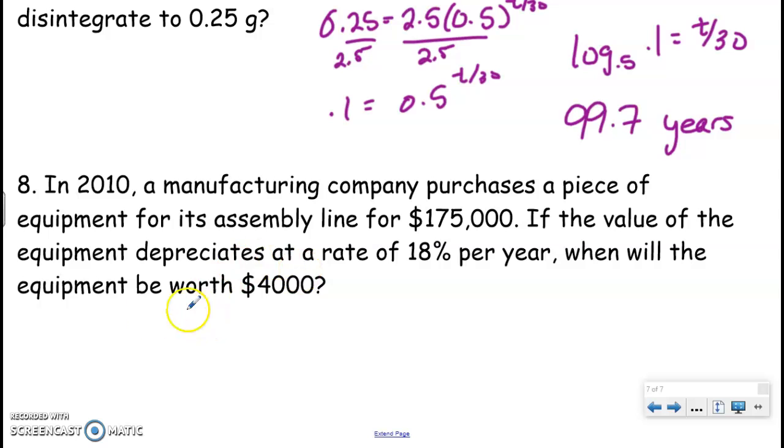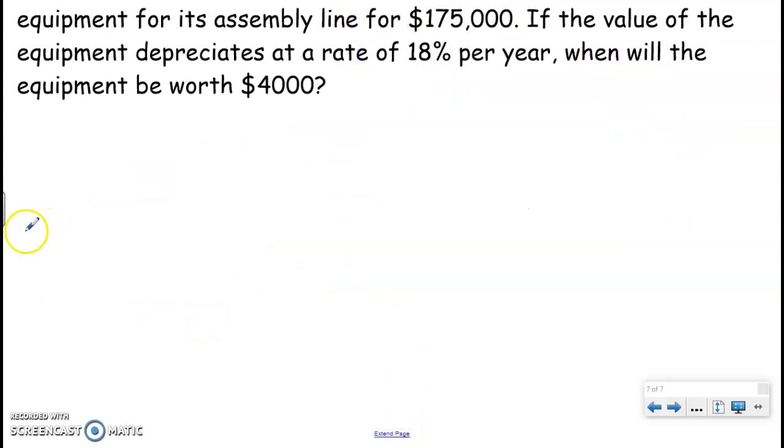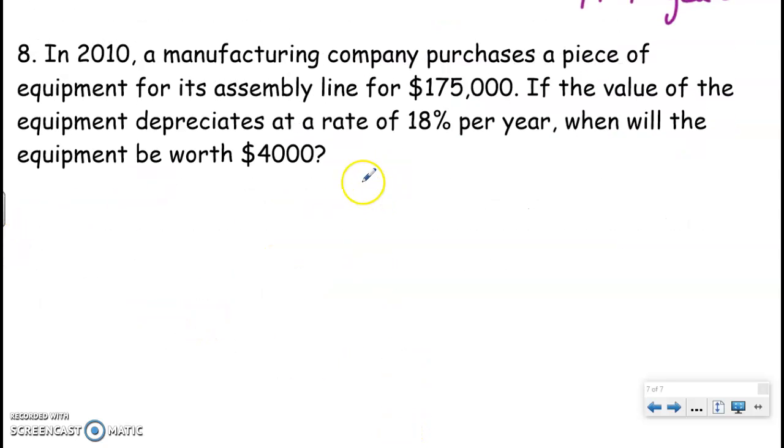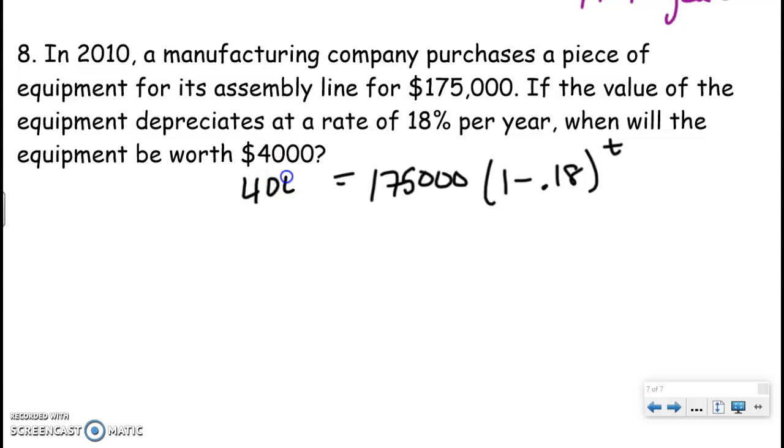Okay, last one, same idea. This time we are going to purchase equipment. It is depreciating at 18% per year. We don't know how long it'll take until it's only worth $4,000. Simplify, divide, and then logarithm.